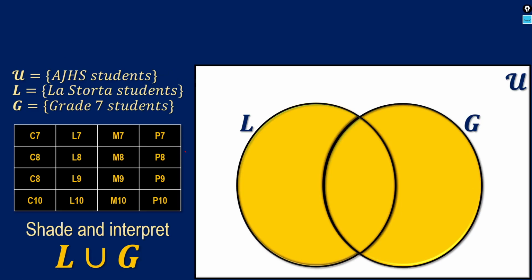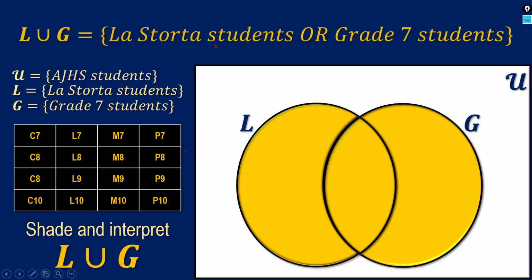Pag kinuha mo union, remember, the union of two sets includes all elements that are either in the first set, in this case set L, or, ang importanteng conjunction, elements of the set G. But in this context, we therefore are including, in our interpretation, Las Tortas students or grade 7 students. Tama? Yan yung interpretation natin dyan based on our context.